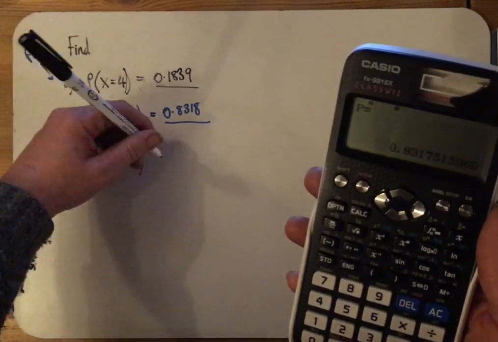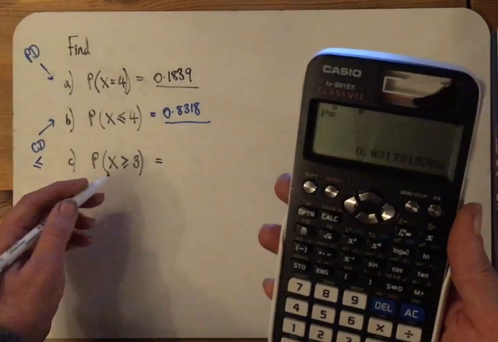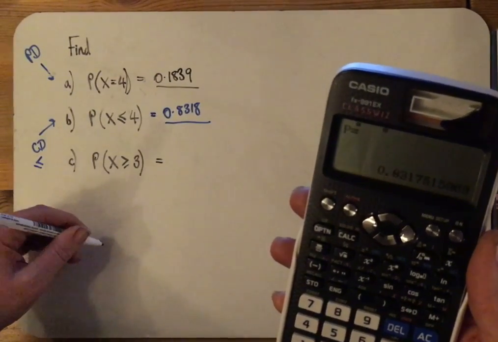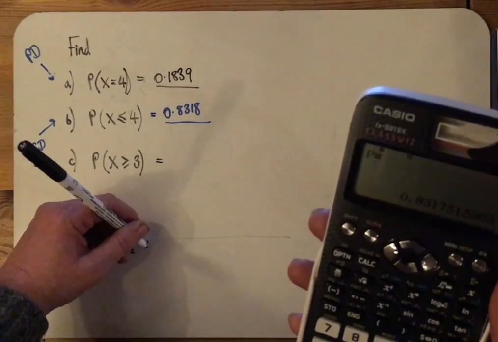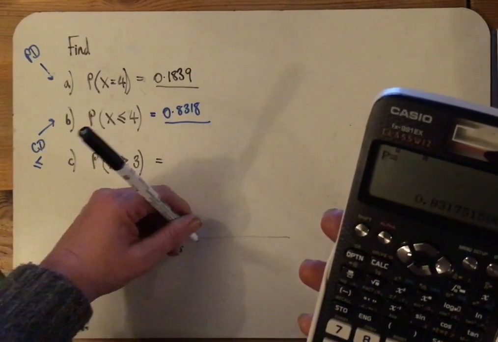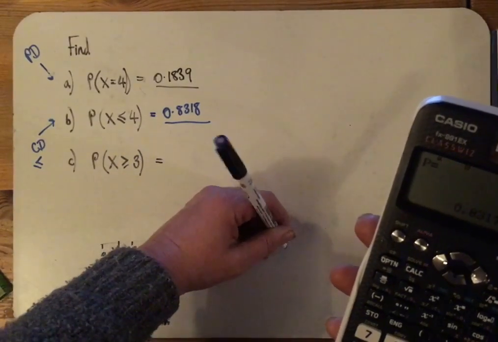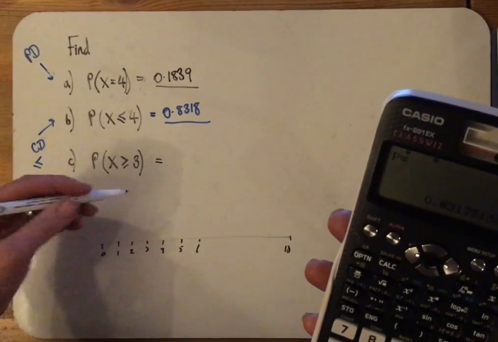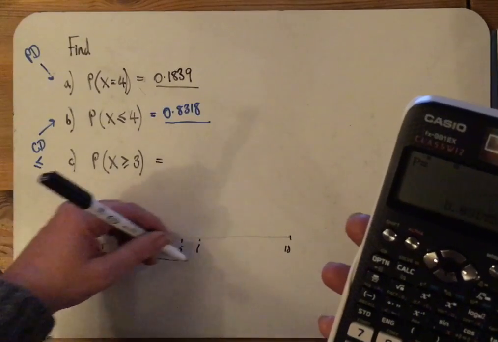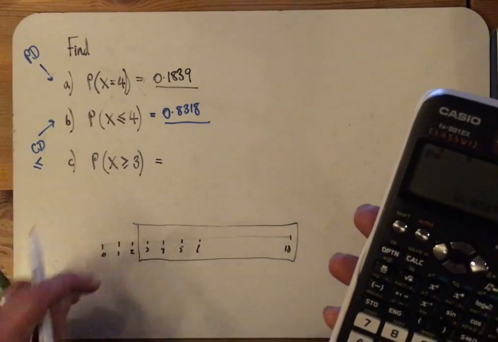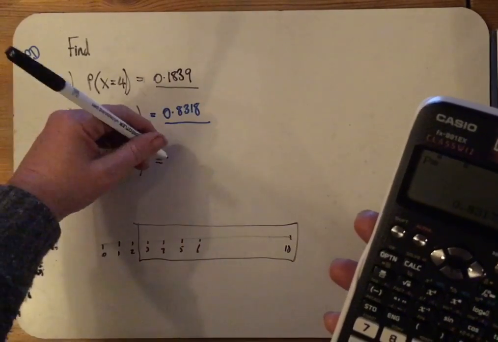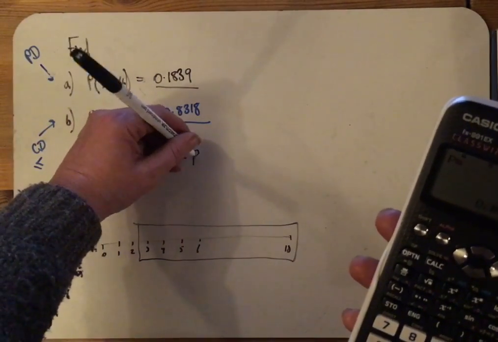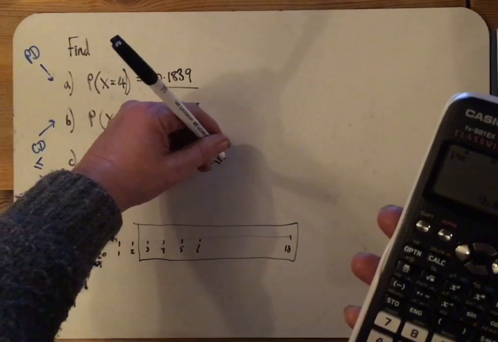And then if you want the probability x is greater than or equal to 3, x is taking values from 0 all the way up to 18, and all these probabilities add up to 1. So we can take away the probability that x is less than or equal to 2.